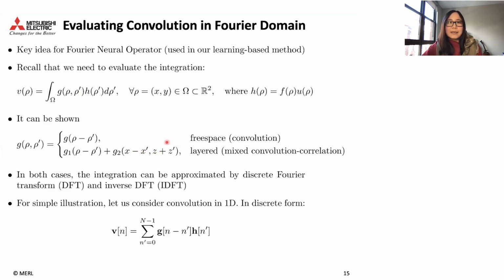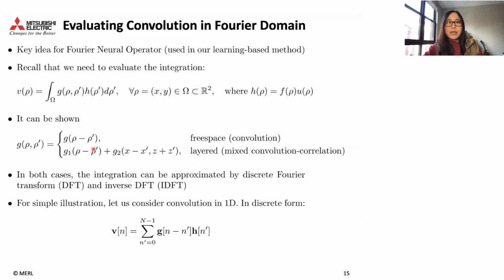It can be shown that if we consider free space as the background, the Green's function for free space is a pure convolution operator, but if we consider a layered structure, usually the Green's function can be separated into a pure convolutional part and a mixed convolution-correlation part.